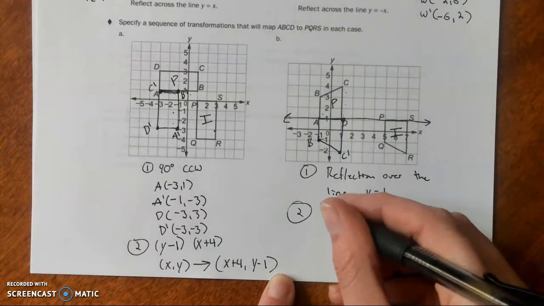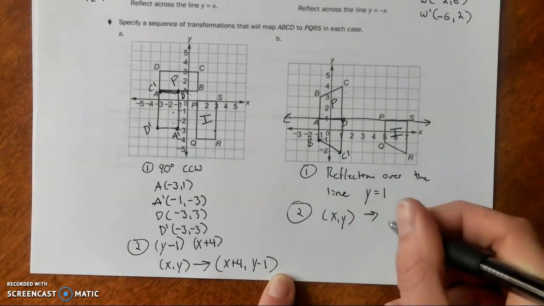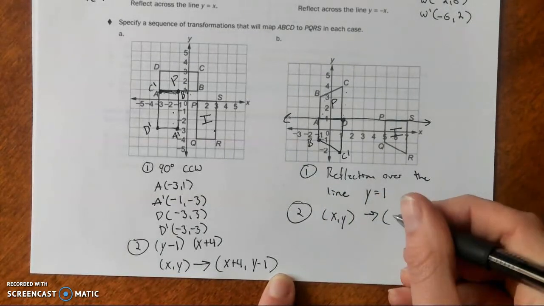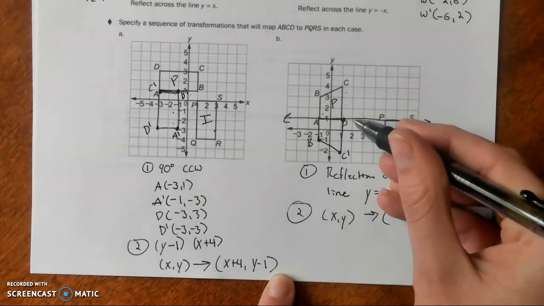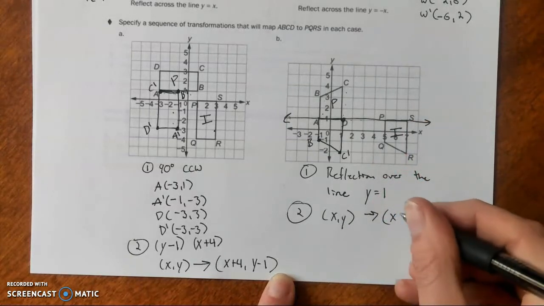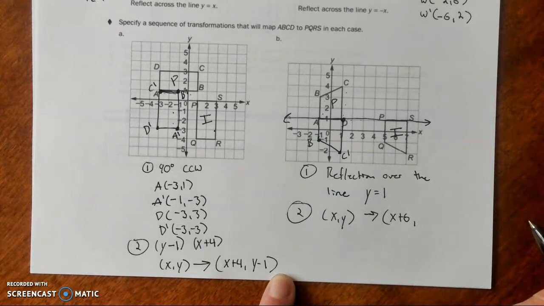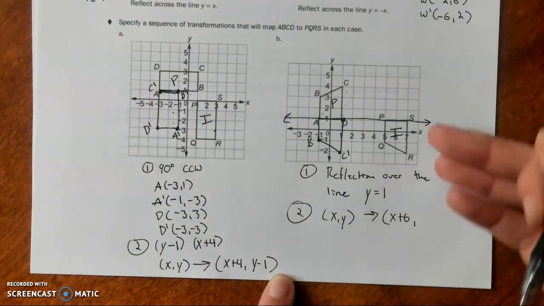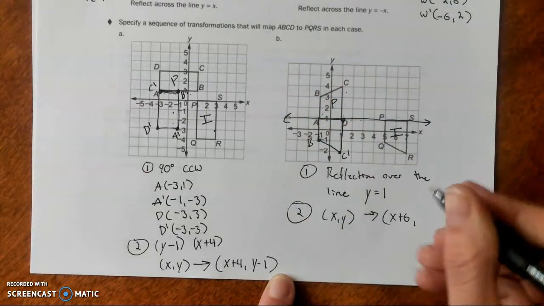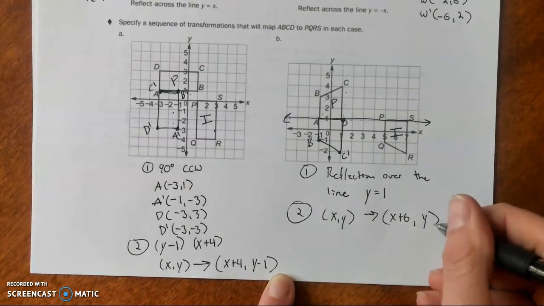Therefore, our mapping rule would be x, y. The x moved, it was 1, 2, 3, 4, 5, 6. So x plus 6. And then did we change anything in the y direction? No, we didn't change anything in the y direction. We did our little flip, but we're not moving up or down in the y direction.